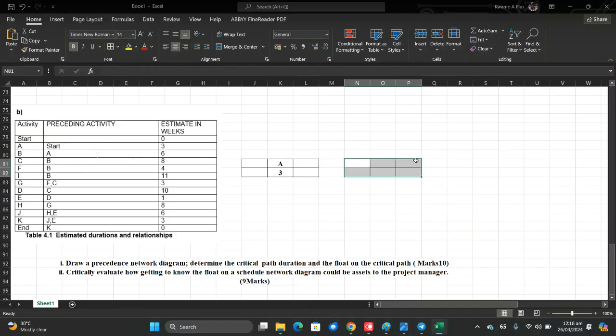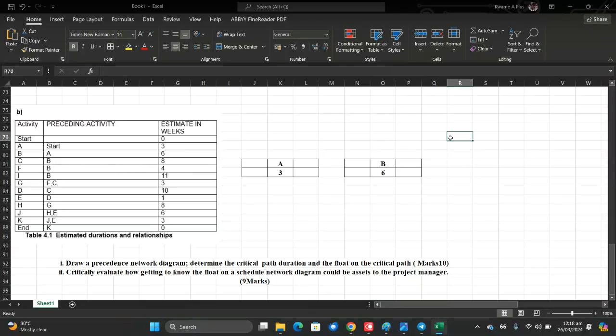B is six. Okay, B is six, and B precedes what?